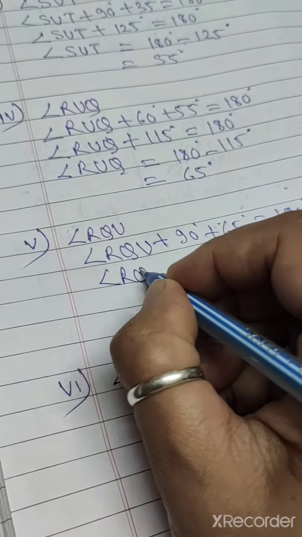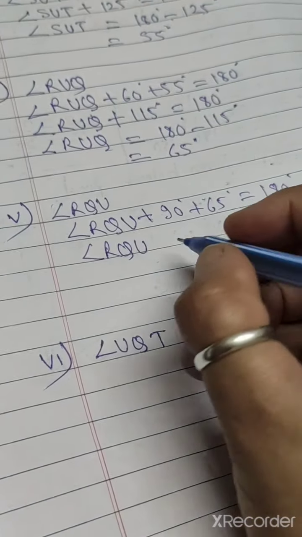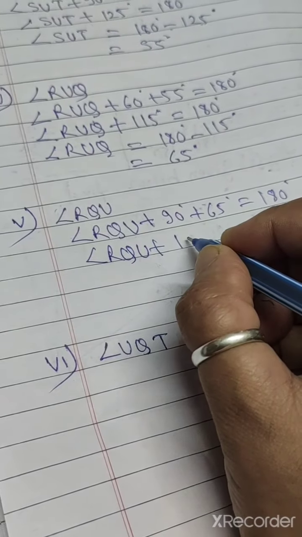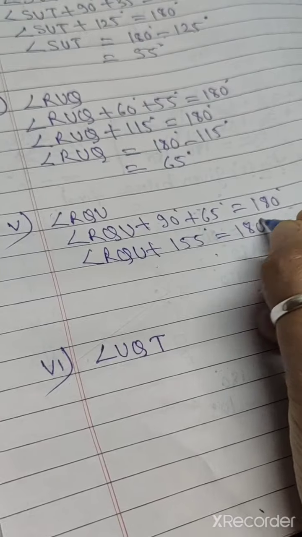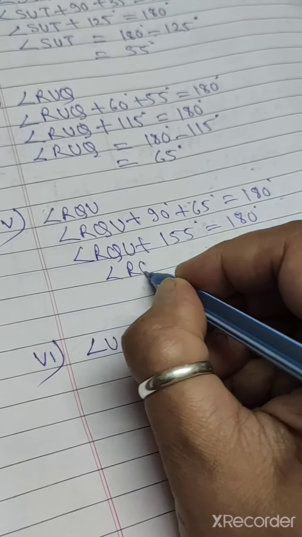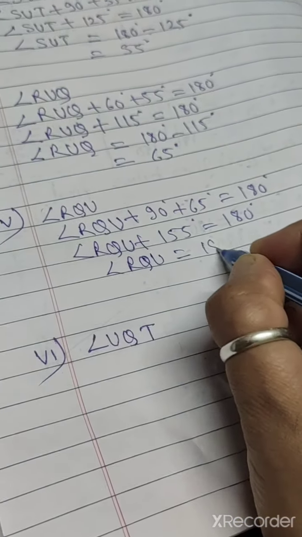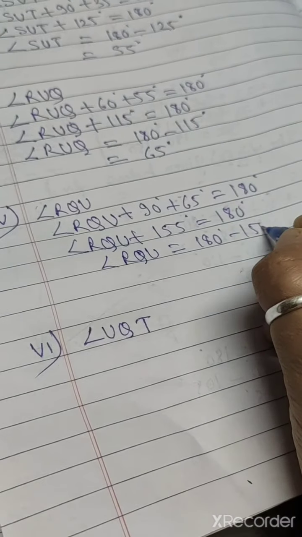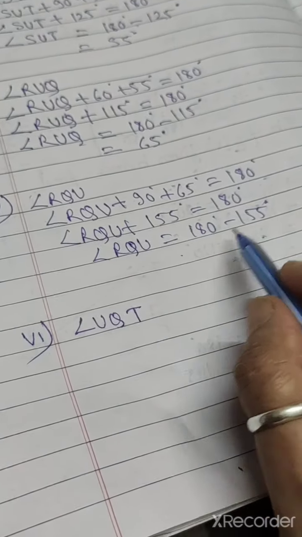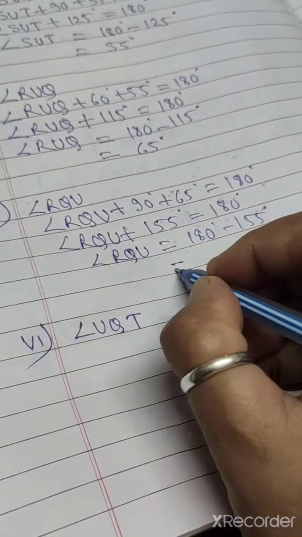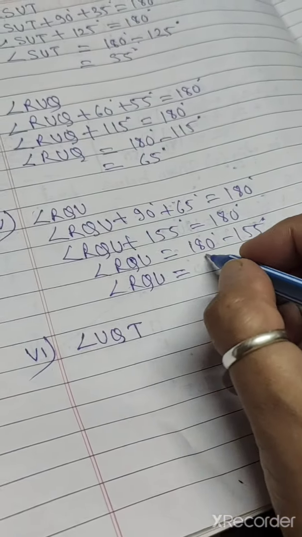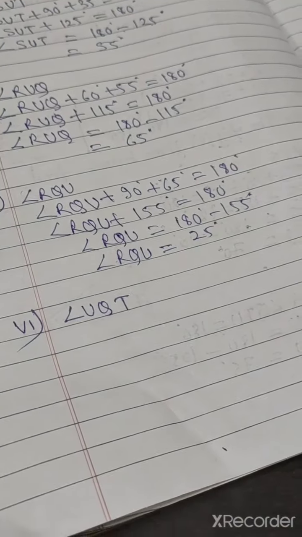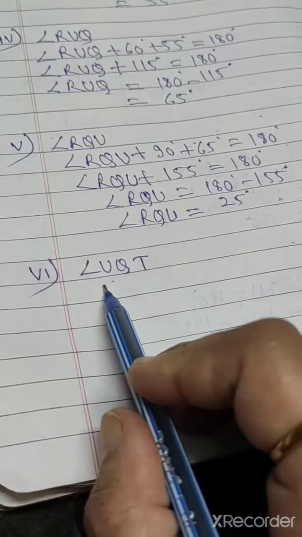Angle RQU, 90 plus 65, 155 is equal to 180, or RQU is equal to 180 minus 155 degree. 180 minus 155, RQU is 25 degree. Last part.